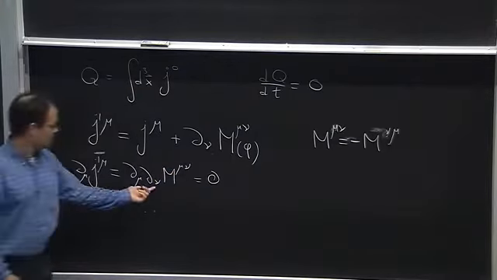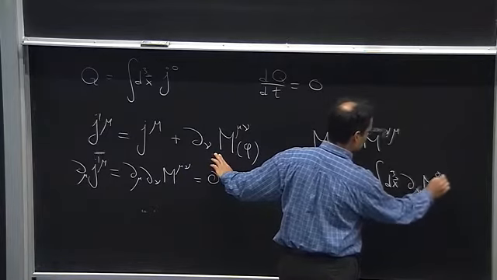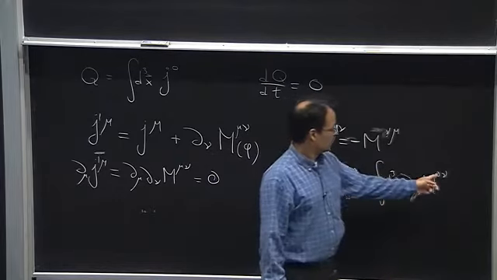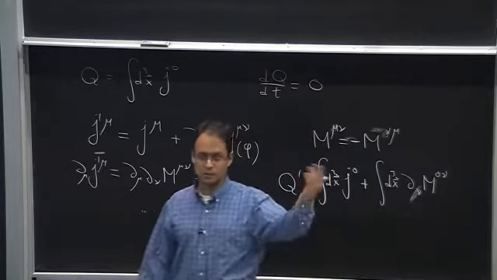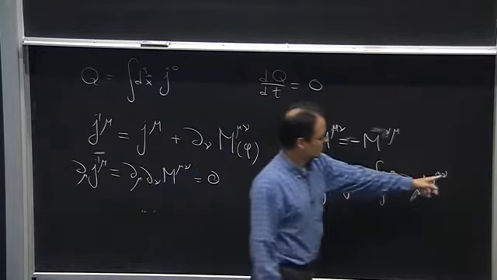So Q prime would be the integral d3x of the old current plus d3x of the new contribution. So we will have derivative with respect to nu, of the antisymmetric tensor with indices 0 nu. But this object is antisymmetric. So if this component is a time component, this component can only be a space component, right? It's antisymmetric. So if I put a 0 here, I get 0.